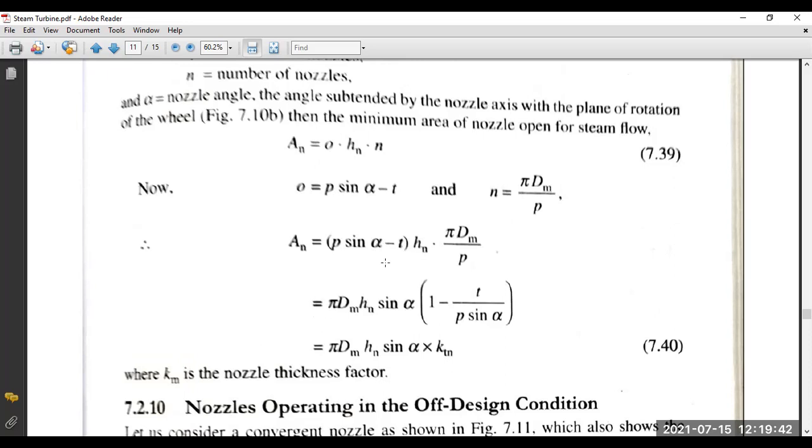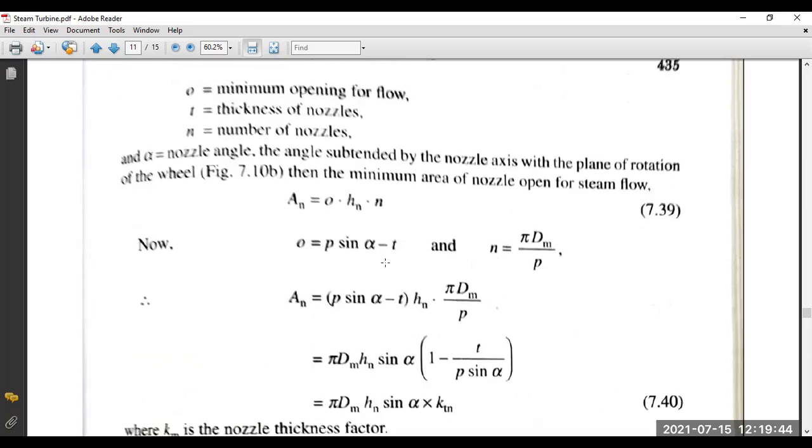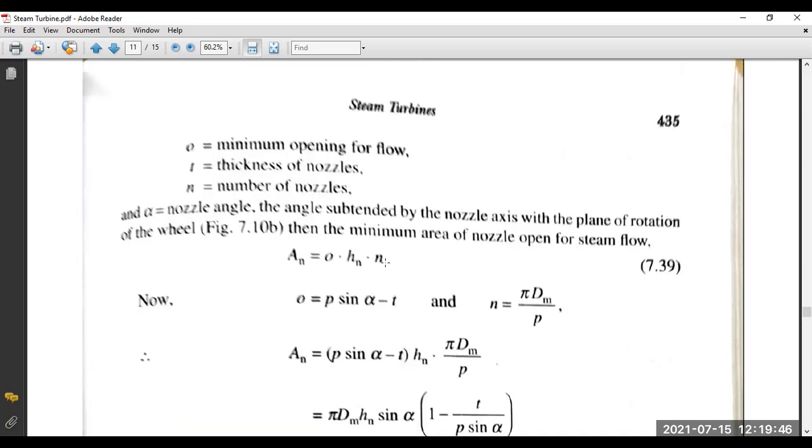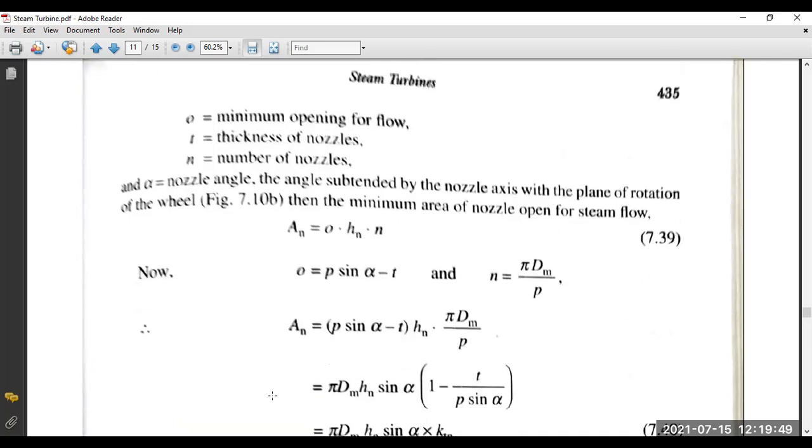We replace the value of pi itself. Hn is h0 here again. p sin alpha minus t is the thickness of the nozzle, pi dm, and the mean diameter of the nozzle itself.